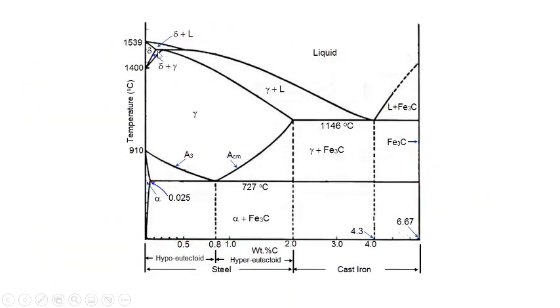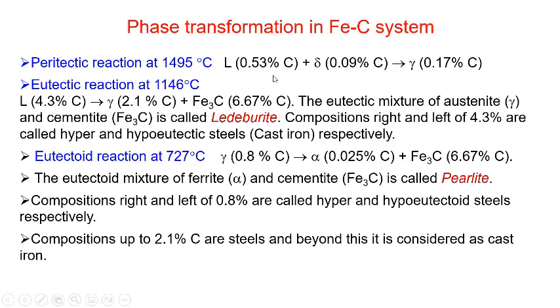Here you could see around this region, at this particular point, it is around 1495, and the peritectic composition is 0.17% carbon. So it is this reaction at 1495 degrees Celsius and 0.17% carbon, where liquid will react with the delta ferrite phase and form the austenite phase.